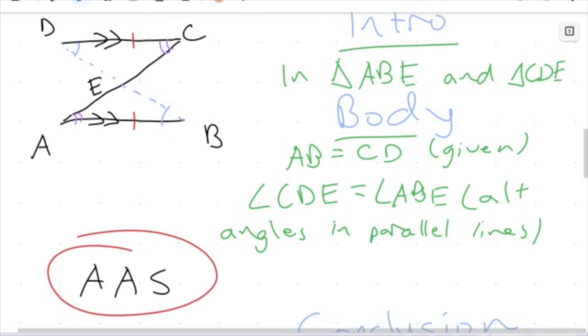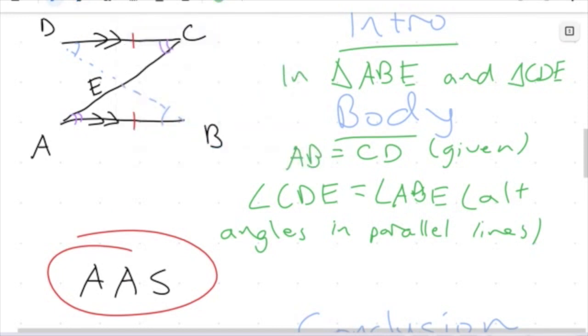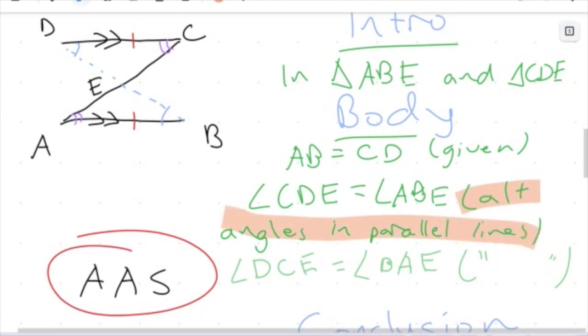So I'm going to write here that my angle DCE is going to be equal to my angle BAE. And this is for the exact same reason. So I'm just going to put these little quotation marks because I'm quoting something I've already said before.